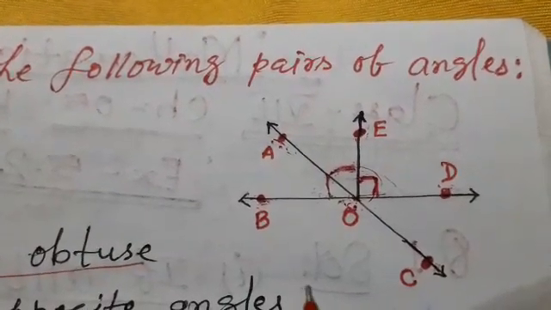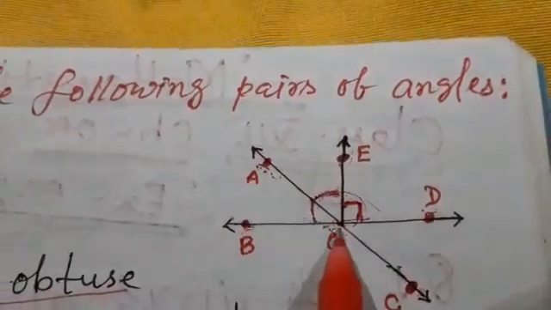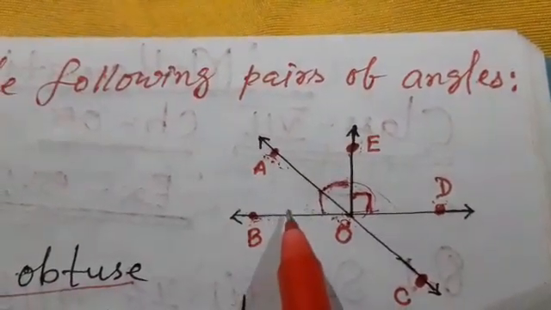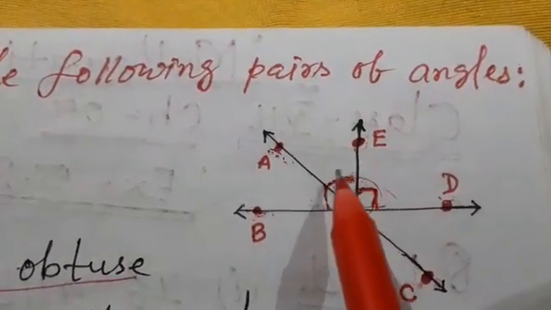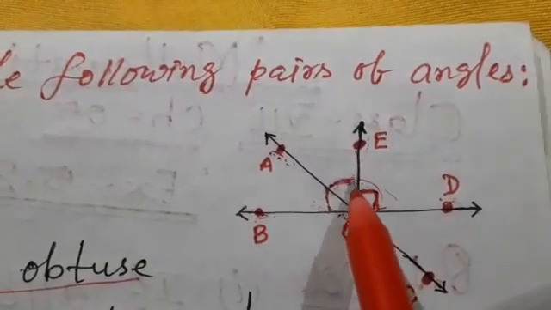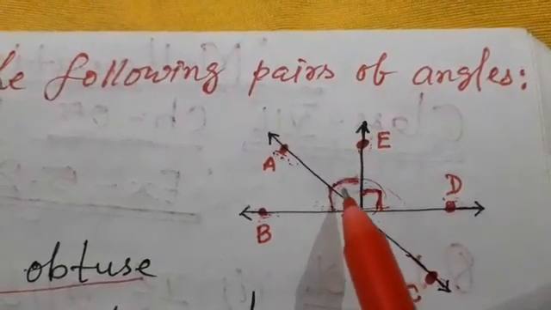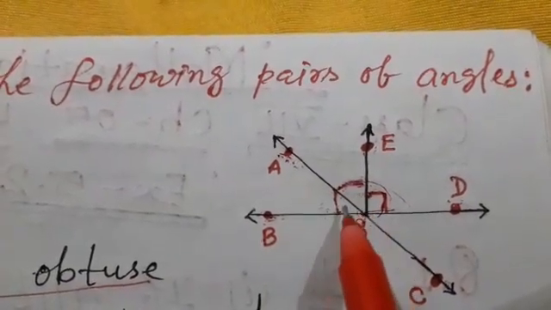So when we see angle AOB and angle AOE, they do not form a linear pair because the sum of these two angles is only 90 degrees.